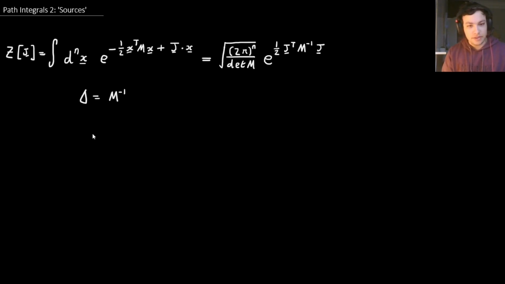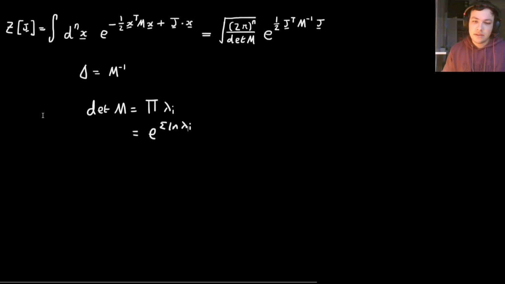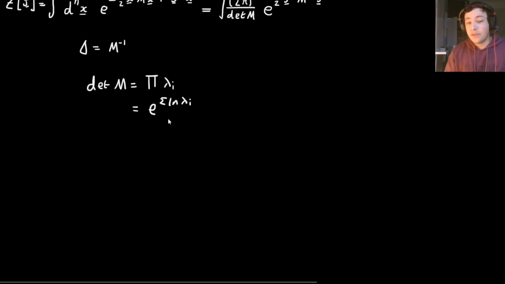So instead we're going to think that the determinant of M is the product of its eigenvalues, which is then the exponential of the sum of their logarithms. So that's another way to write it.